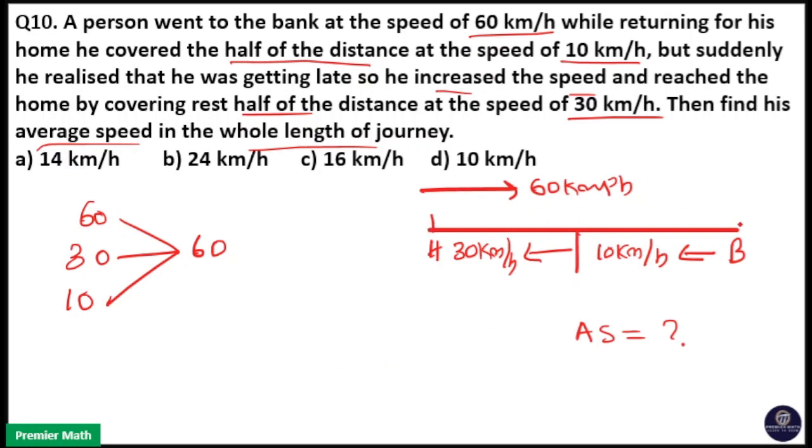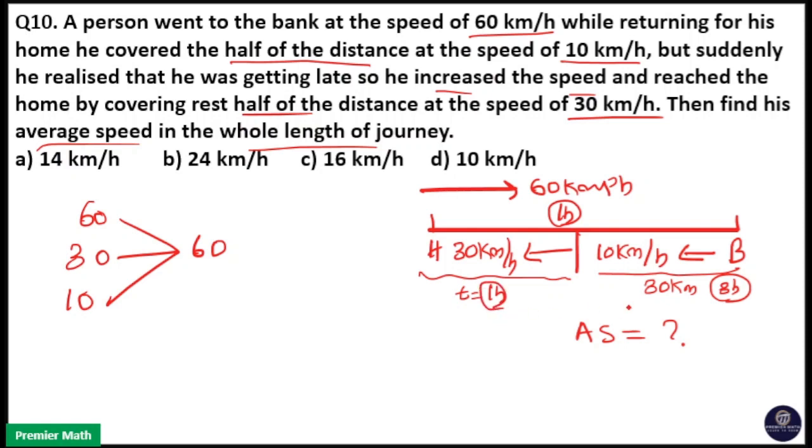To travel 60 km at 60 km per hour, the time taken is 60 by 60, that is 1 hour. To cover 30 km, half of 60, at 10 km per hour, the time taken is 30 by 10, that is 3 hours. To cover 30 km at 30 km per hour, the time taken is 30 by 30, 1 hour.